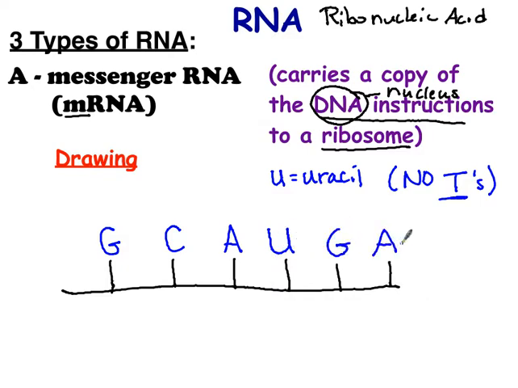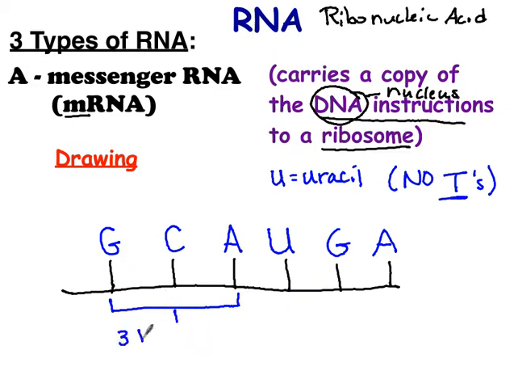Okay. All right, so we have bases. It's a single strand instead of a double strand. And our sugar is going to be ribose instead of deoxyribose here in our backbone. And then we also have, since this is a message, our messenger RNA is carrying instructions like a message. The words that make up our message are going to be each three bases in a row.